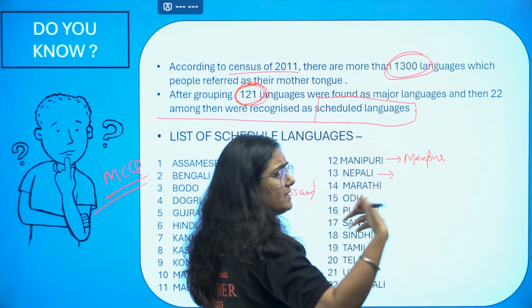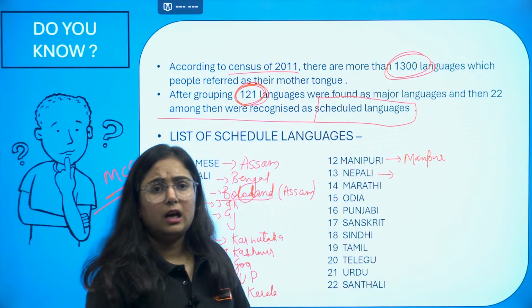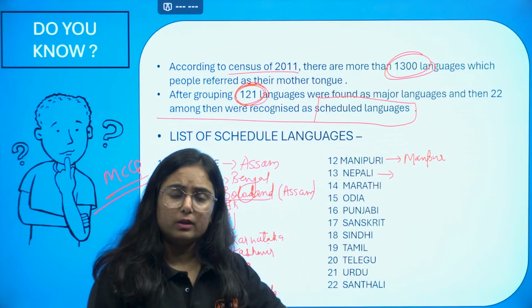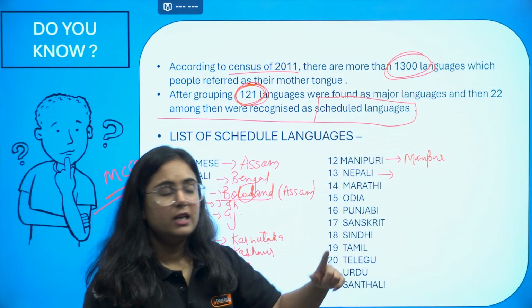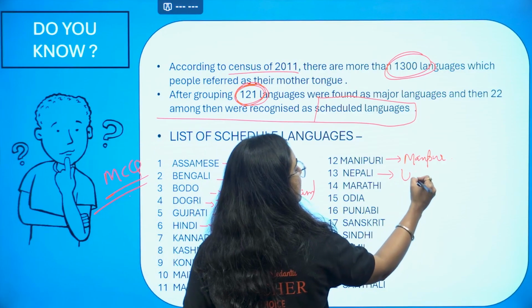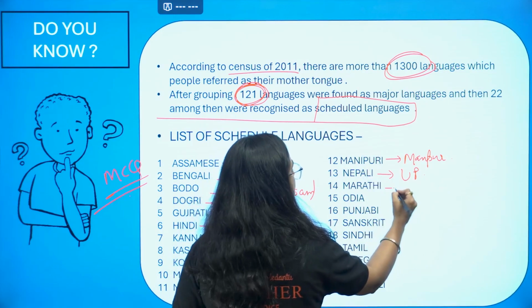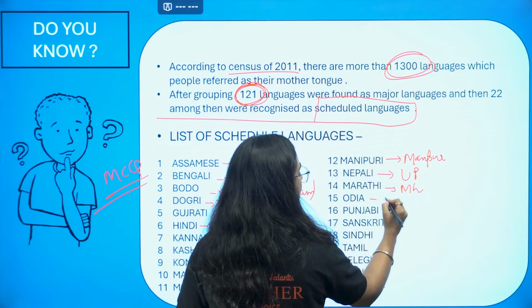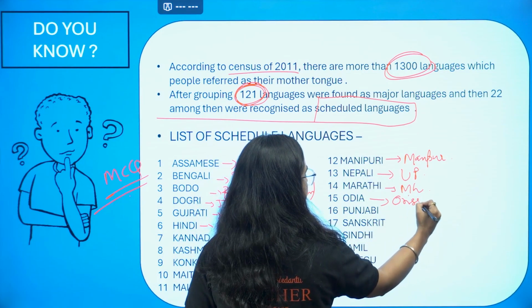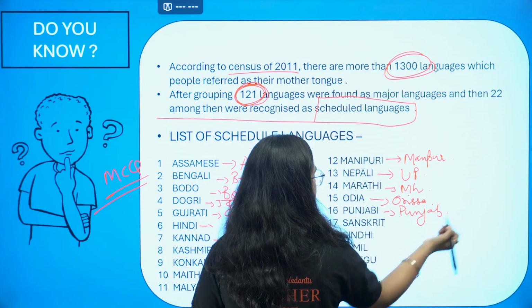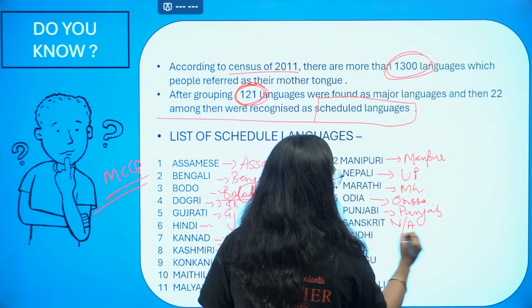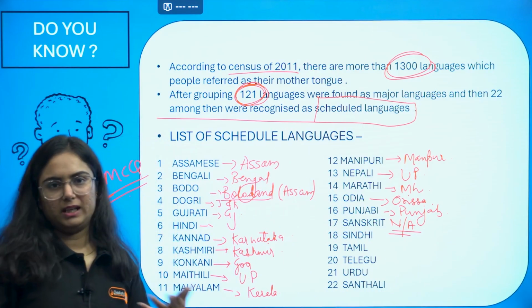Now Nepali, look, Nepali is spoken in the states which share borders with it. So basically I can consider some people of UP, northern people. Maharashtra, Odia, Orissa. Okay, we know Punjab. Now, what is Sanskrit? NA. Not applicable because it's not spoken as a language.